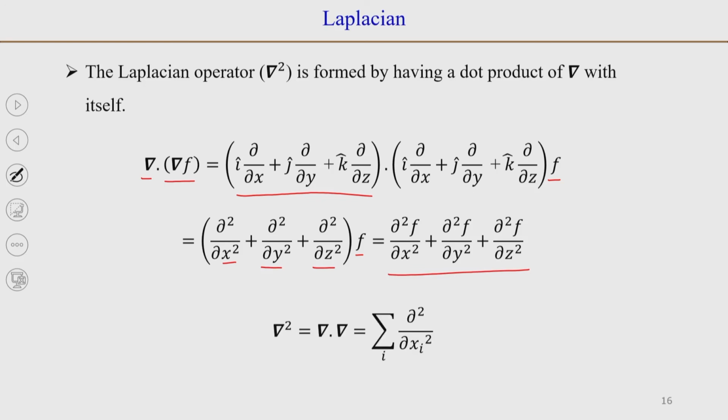So, del 2 is equal to del dot del, which is equal to sigma i equals 1 to 3 of del 2 over del x i 2. If you expand, you will get del 2 over del x 1 2 plus del 2 over del x 2 2 plus del 2 over del x 3 2. So, you can write it in summation form.